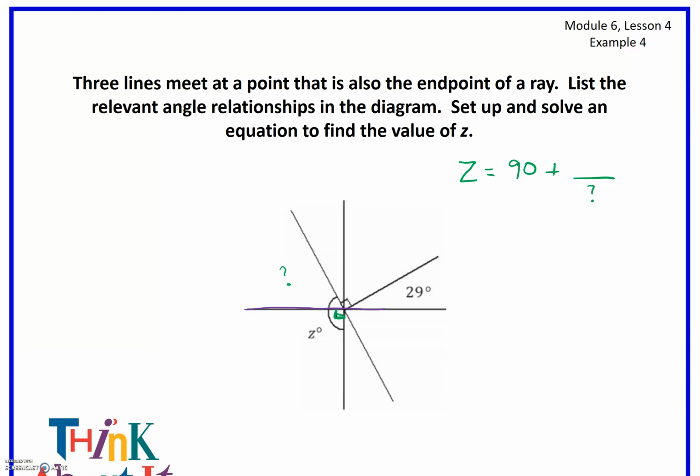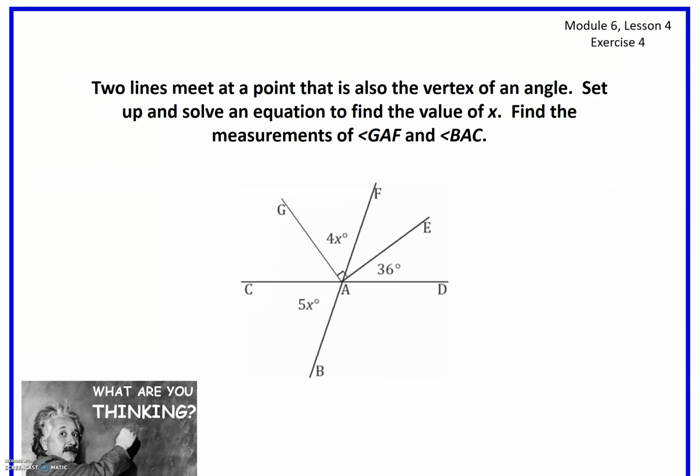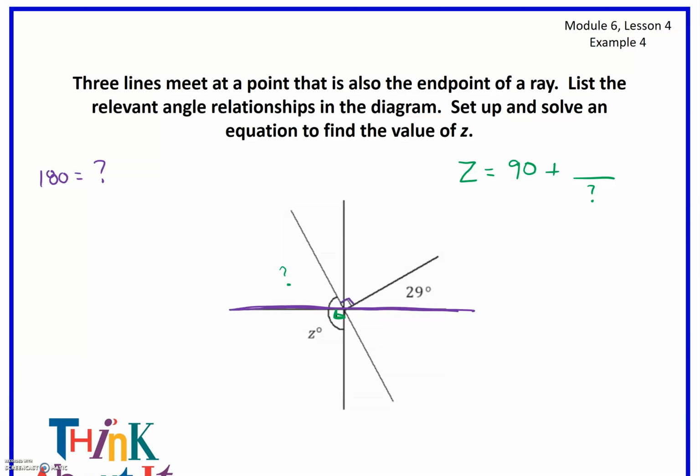I'm going to focus on this 180 degree line, and 180 degrees is question mark plus 90 degrees here plus 29 degrees. So if I simplify that, 180 equals question mark plus 119. Subtract 119 from both sides. 61 equals question mark.